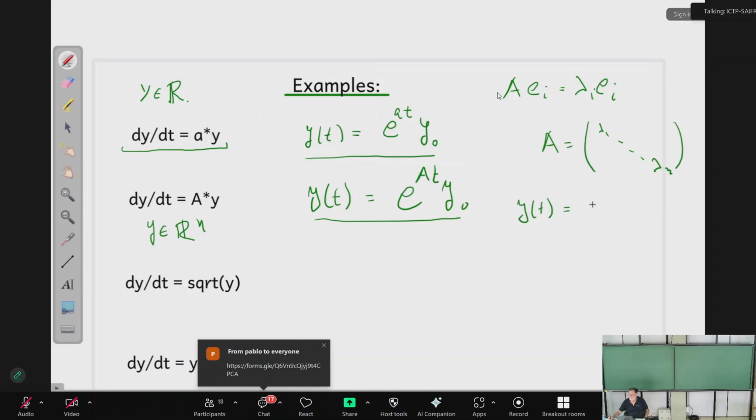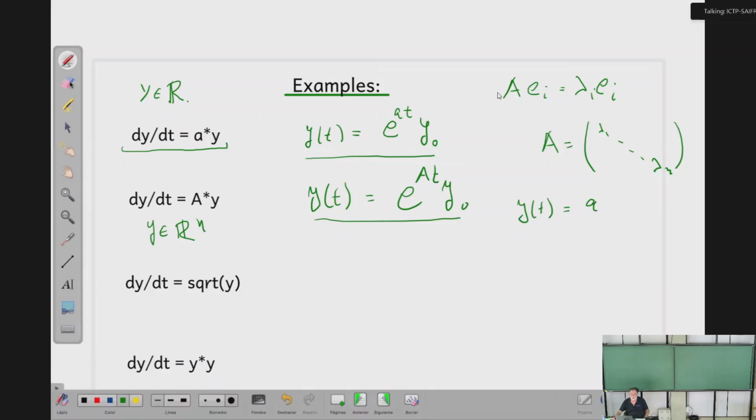some, use another name for that. E0, EI, EI e to the lambda I t, sum over I. So for this case we have to give one single number, a scalar.